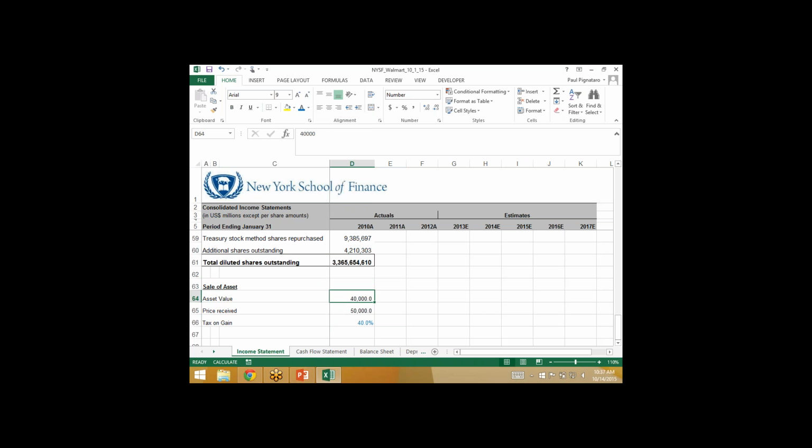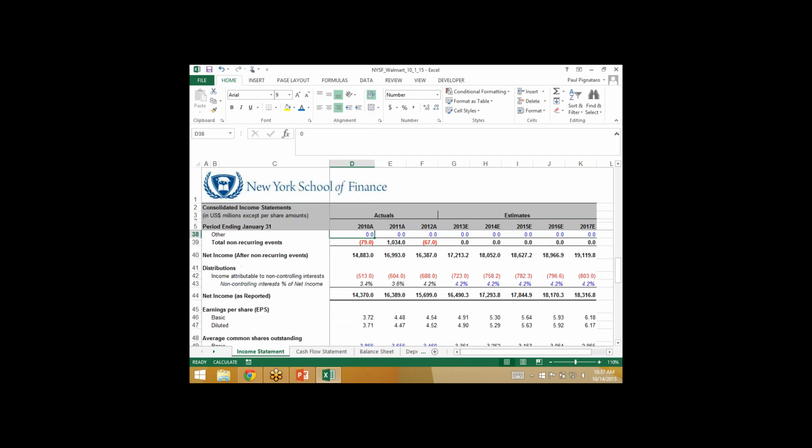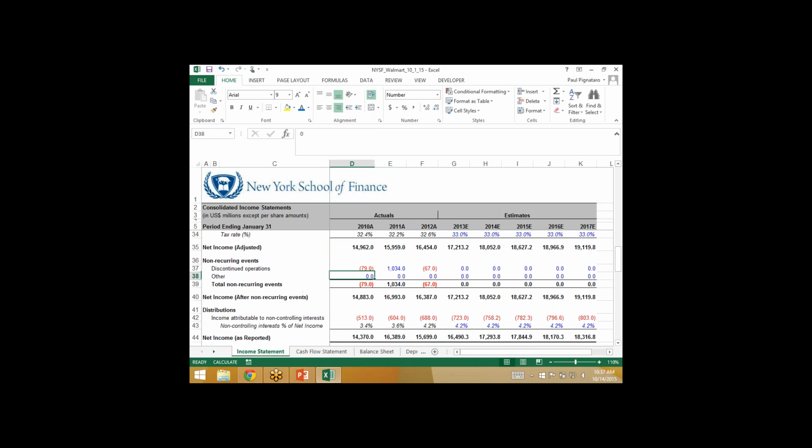So how do we model this in? First, as we drew on the board, we want to record as a non-recurring event the gain on sale. We had this line, other, that I said I reserved for something later. This is what I reserved it for. So now we can use other for gain on asset sale. Okay.